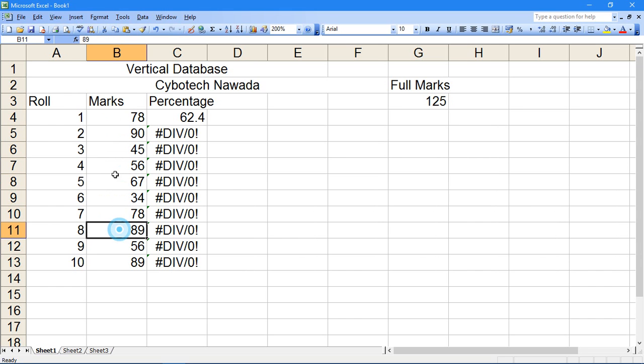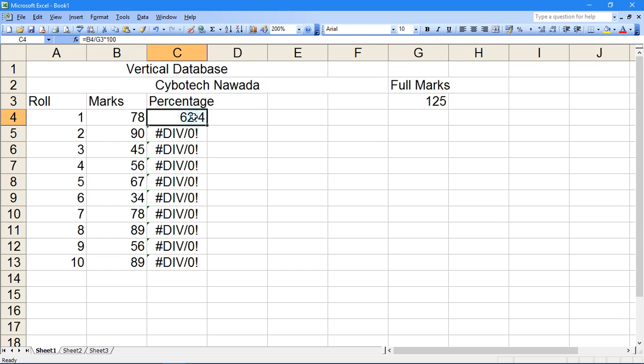So in the formula you write the cell address before. For this cell it must become B5. In this cell it must become B6. But for each and every student the full marks is in a single cell.